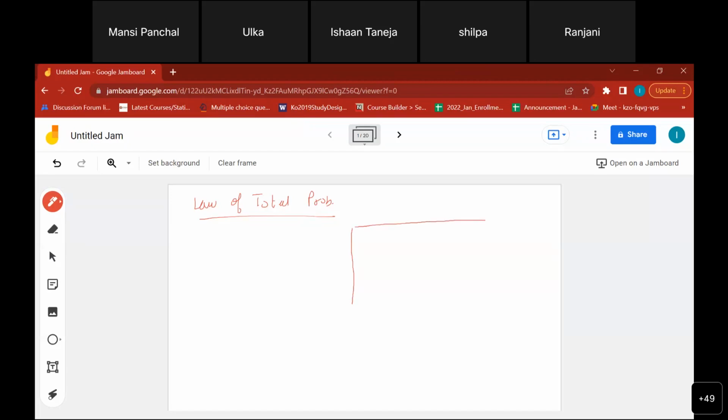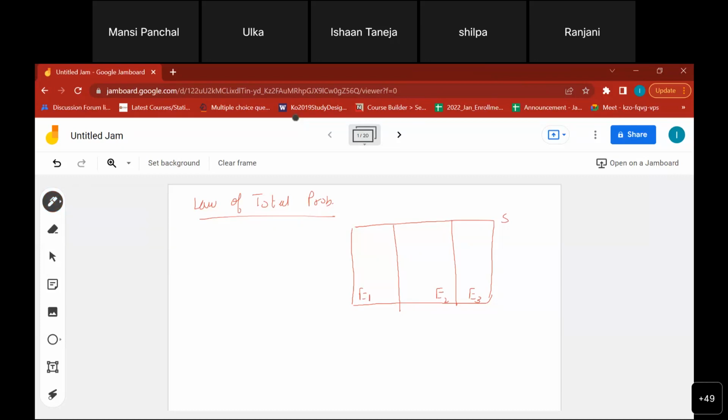Okay, suppose you have a complete sample space and you divide it into 3 parts, not necessarily equal, it can be unequal as well. Suppose the first part is E1, the second part is E2, the third part is E3.